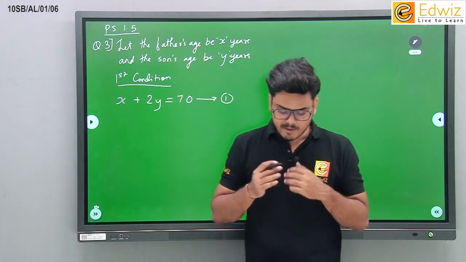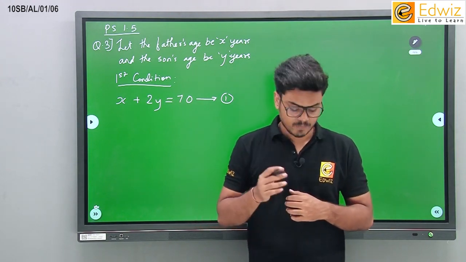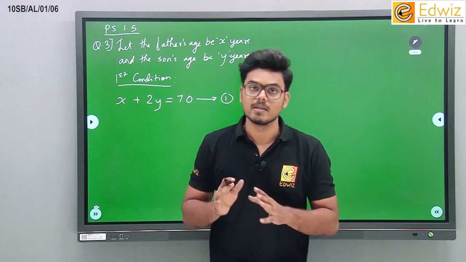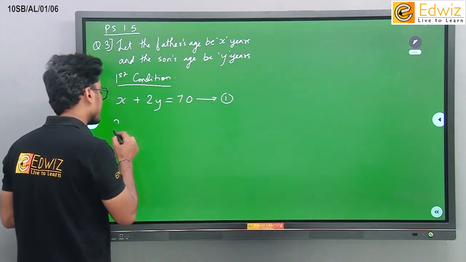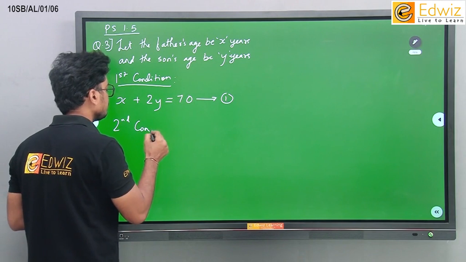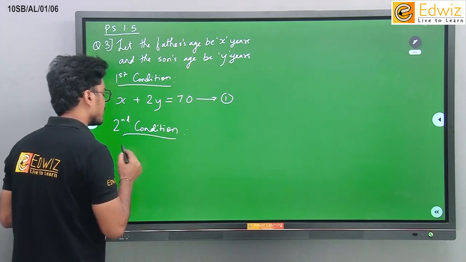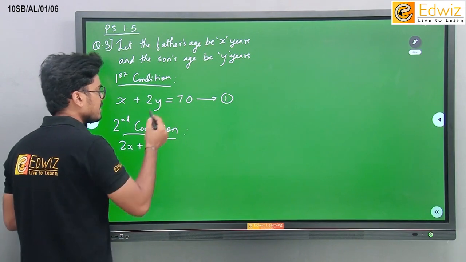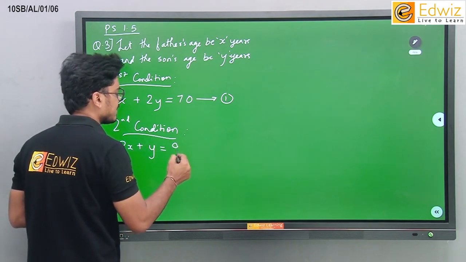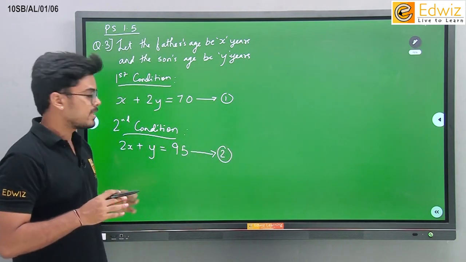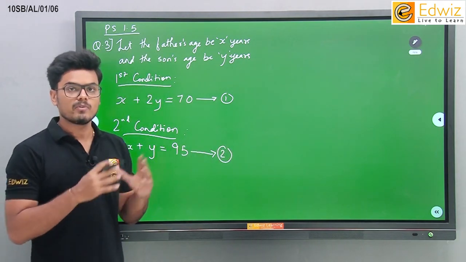Second condition, if we double the age of the father and add it to the age of his son, the sum is 95. So this time, second condition mein, the age of the father is doubled. That means 2x plus the age of the son, y, is 95. This is my second equation. So these two equations we have. Now we will solve them.